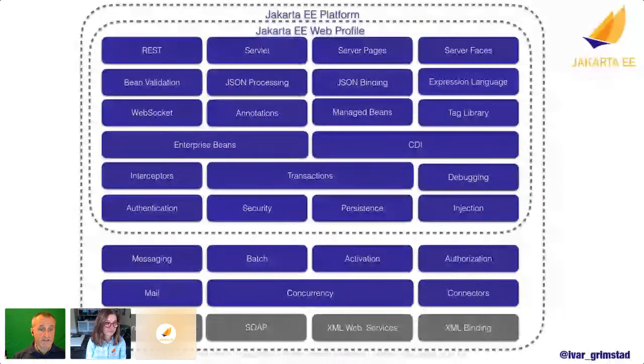The specifications that are not being continued or are staying as they are are marked in gray here. The XML and SOAP specifications are still there, still available and implemented, but we are not developing them any further, at least not for now. I think there are 34 specifications in total that we counted last time.